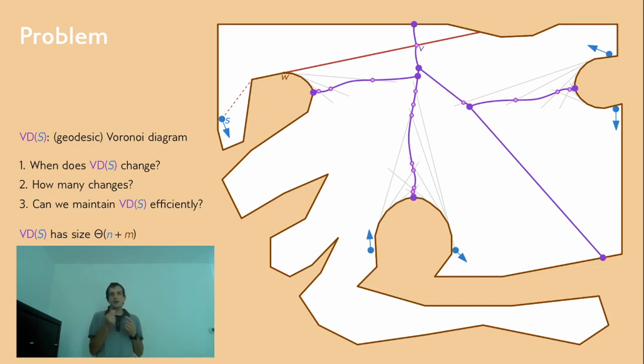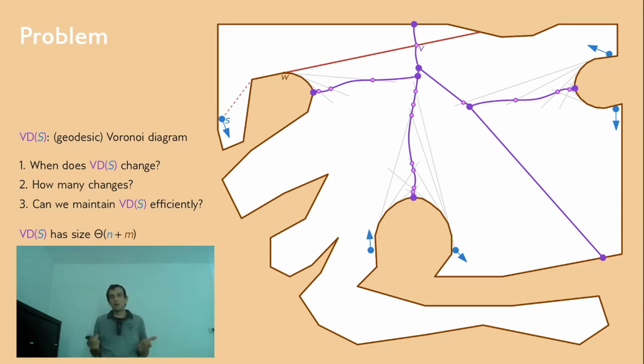If you stand just below this vertex v, then the shortest path towards S will have to bend at this vertex w and then go towards S. But if you're just above this vertex v, or above the red segment in general, then you don't have to visit this polygon vertex w. And so these pink vertices add to the complexity of the diagram.